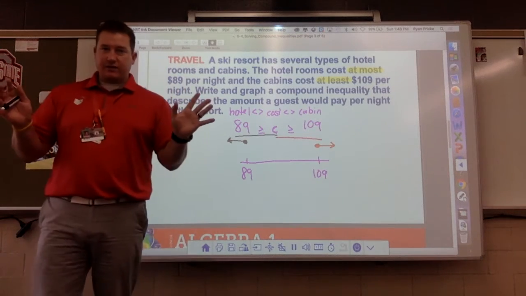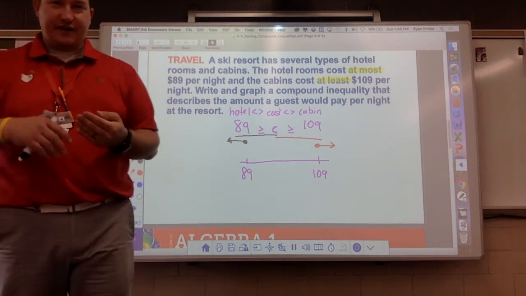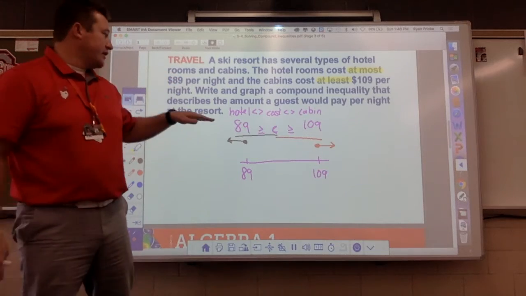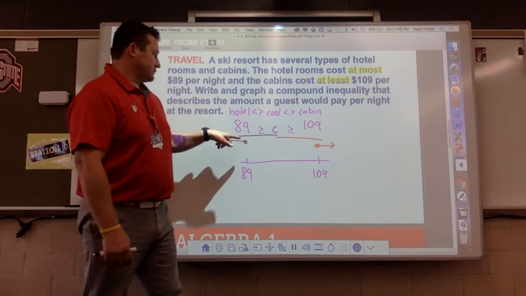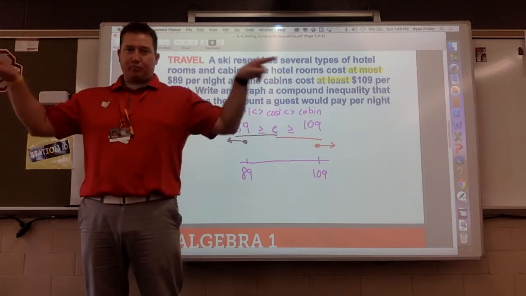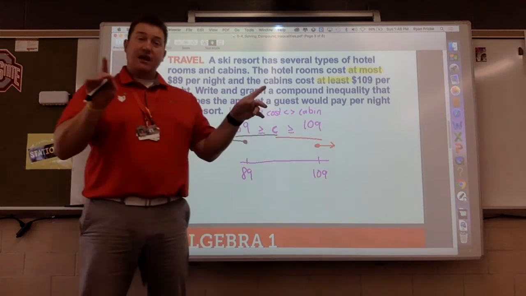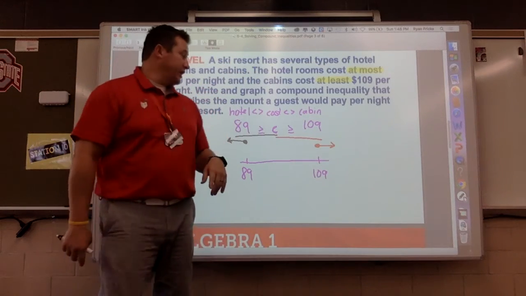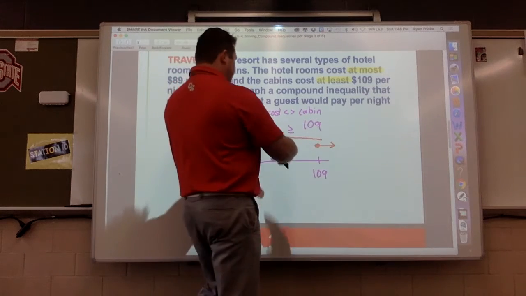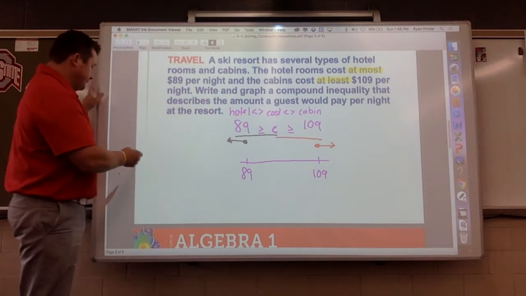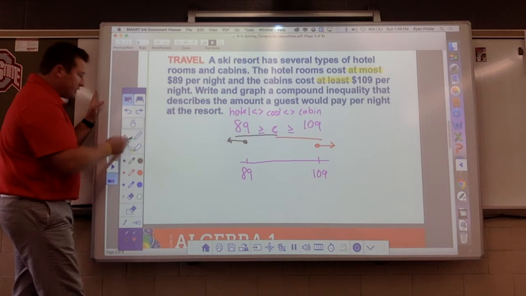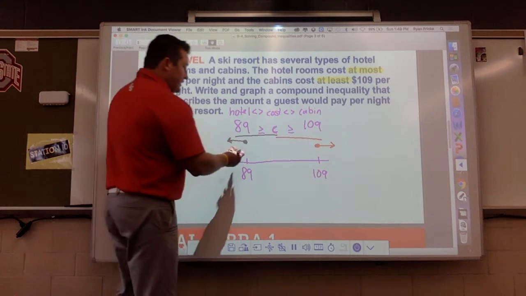Does everybody see what's going on here? One of our two scenarios always happens. When we have an or, typically those lines are going in opposite directions. Now sometimes they can be going towards each other, and that'll happen on occasion. How do I show this for my answer? Guys, it's an or.